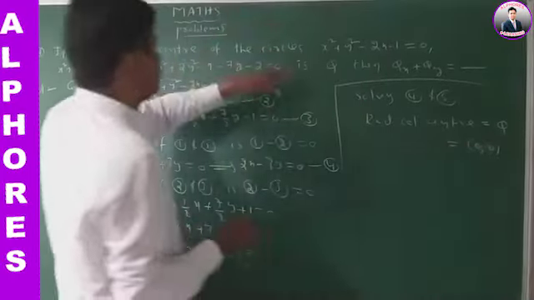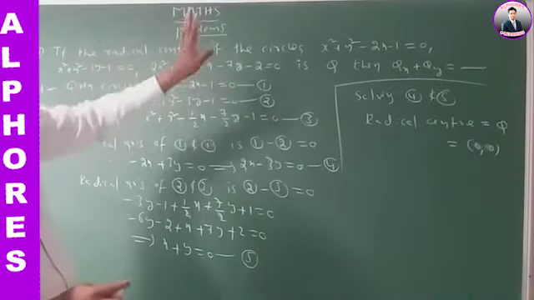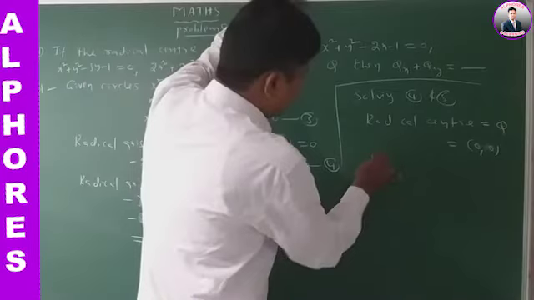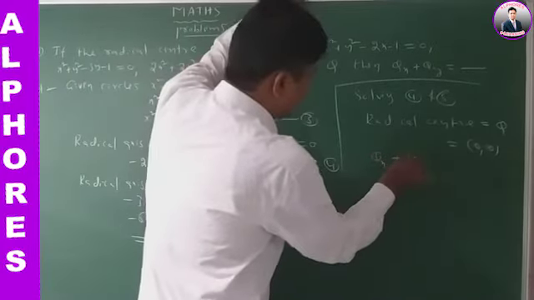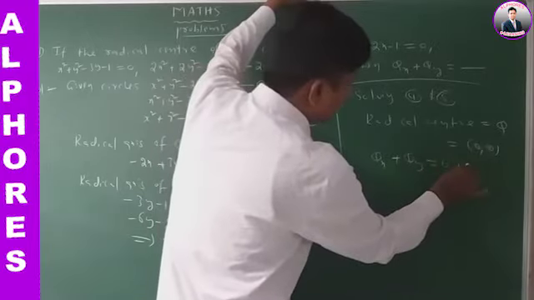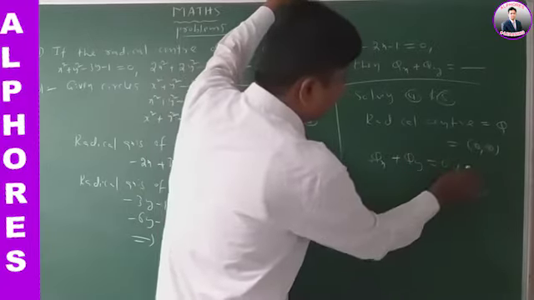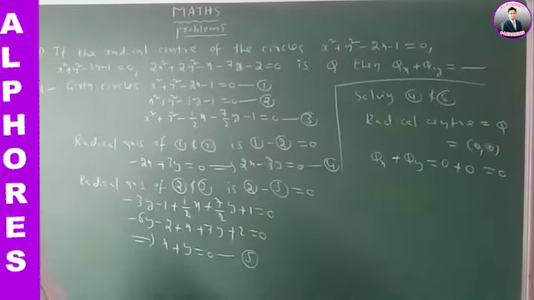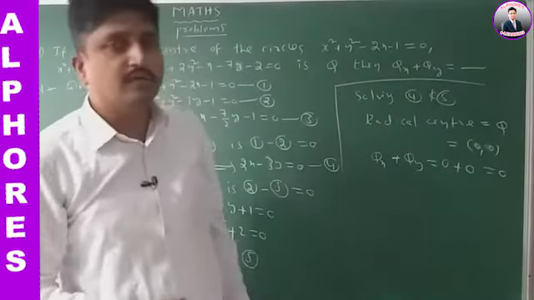In the question, Q is the radical center of these three circles. Therefore Q equal to (0, 0). Now the question: Qx plus Qy. Qx means x coordinate of Q, 0, plus Qy, y coordinate of Q, 0. 0 plus 0 equal to 0. Therefore, answer: Qx plus Qy equal to 0.